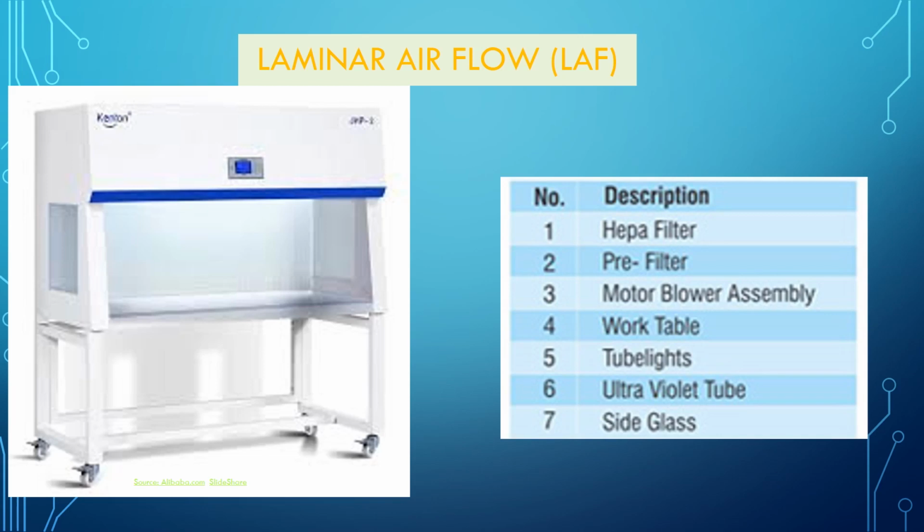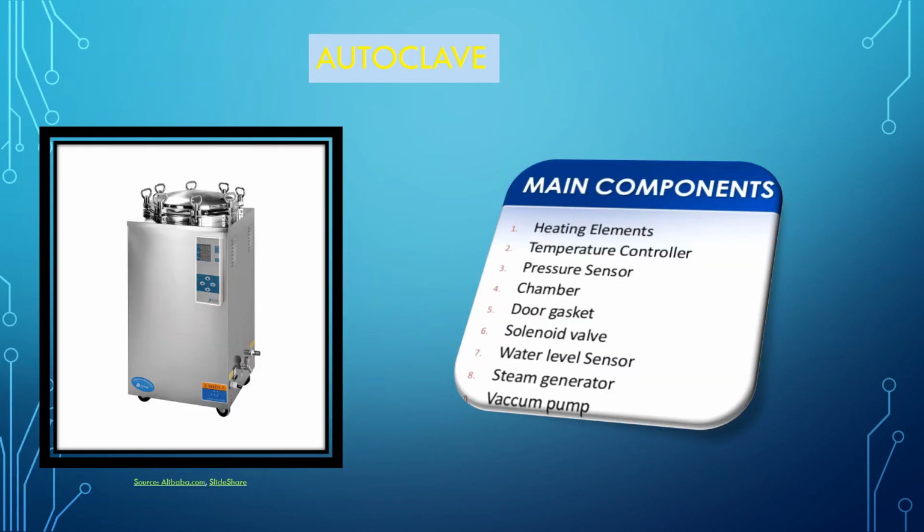This laminar airflow bench is also fitted with a germicidal UV lamp, which is always switched on 10 to 15 minutes before every session of culturing. The next requirement of plant tissue culture is autoclaves. All the glassware and the solutions used for plant tissue culture should be sterilized before use.